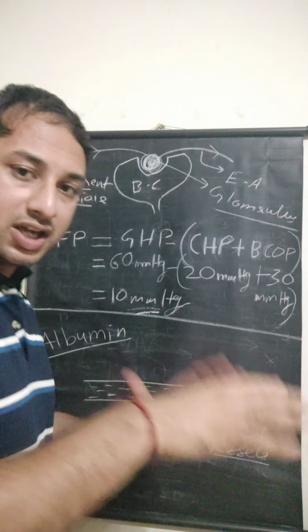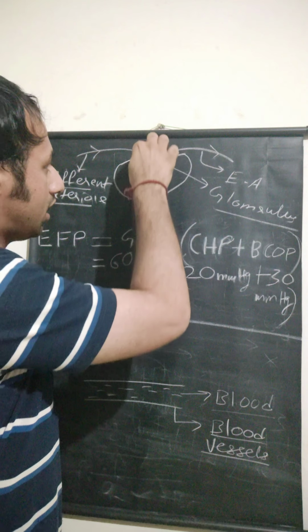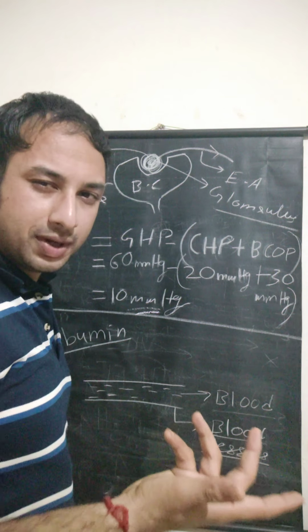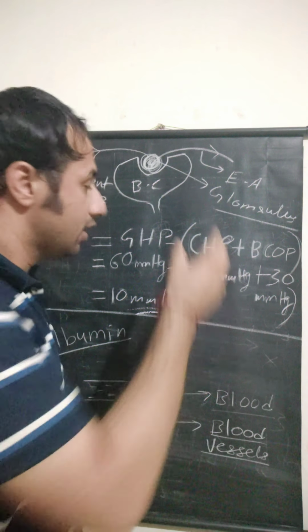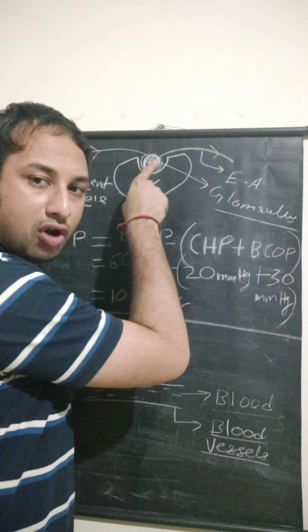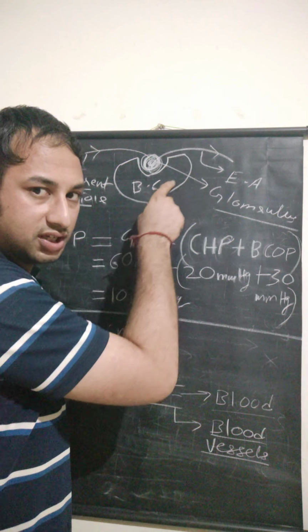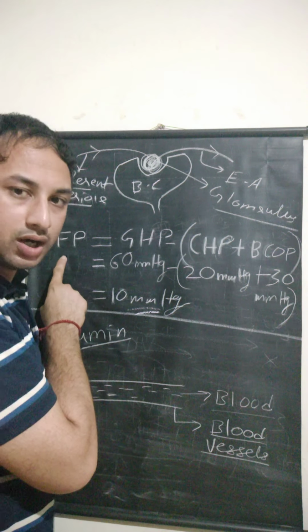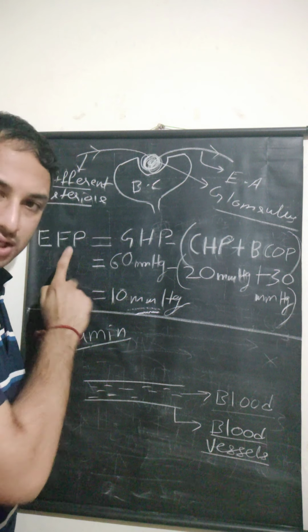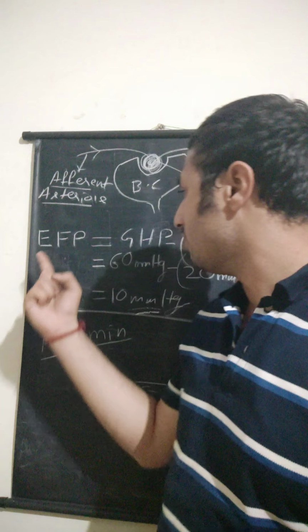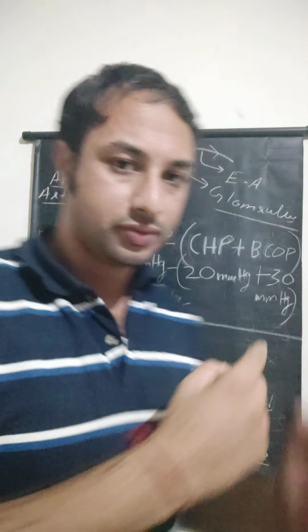So with what pressure does the part of blood, or in normal language the filtrate, come from this glomerulus into the Bowman capsule? That is called effective filtration pressure.